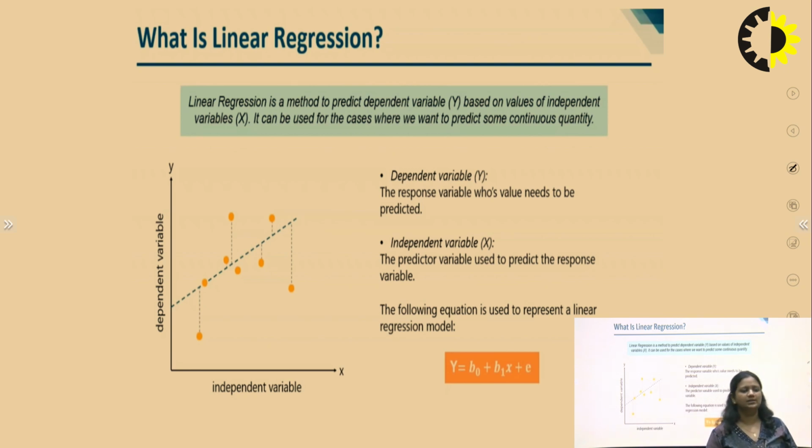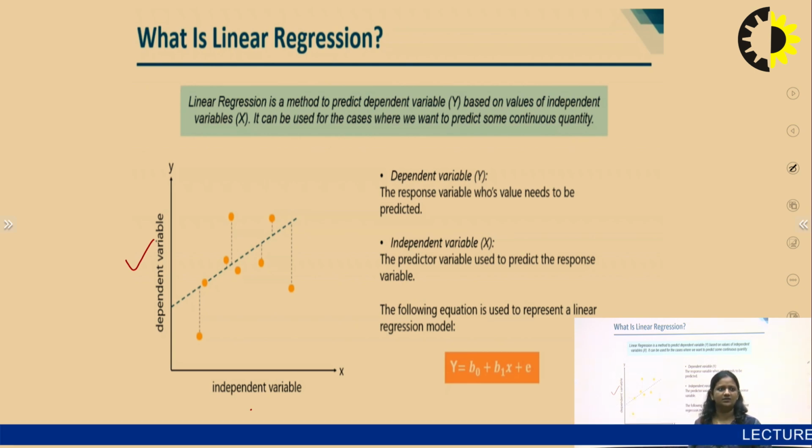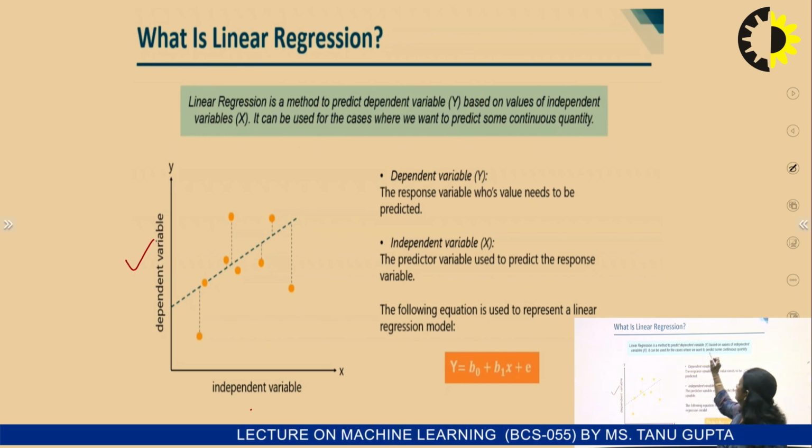So linear regression is a method to predict a dependent variable based on the value of an independent variable, that is, to predict the value of y based on x. It can be used for cases where we want to predict some continuous quantity. Yes, this is an important line: continuous quantity.